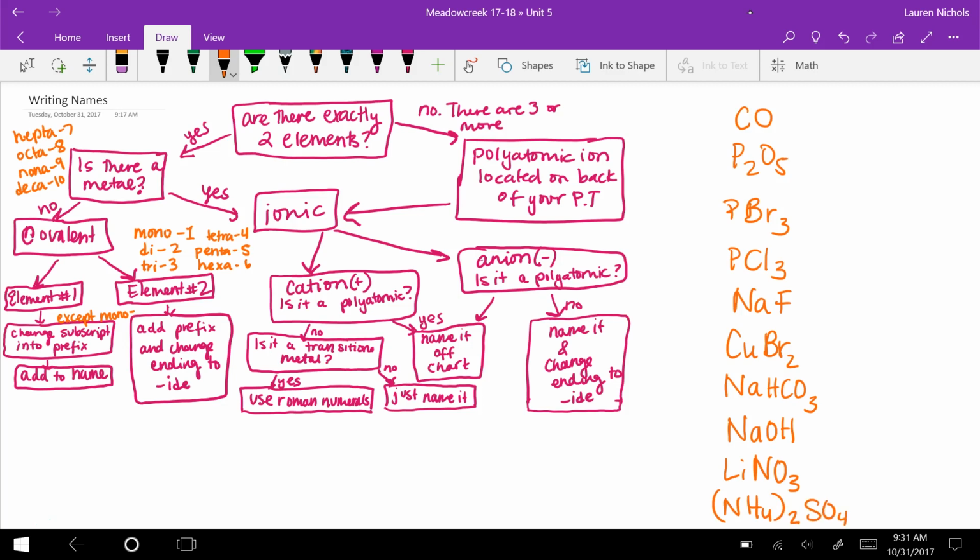Okay, so let's use our flowchart to help us figure out how we name these compounds.